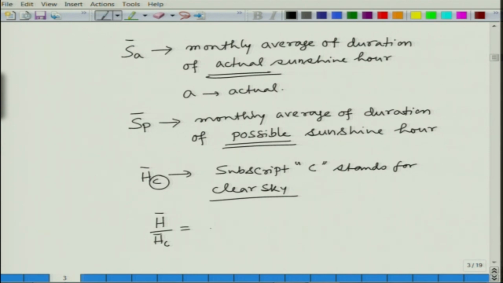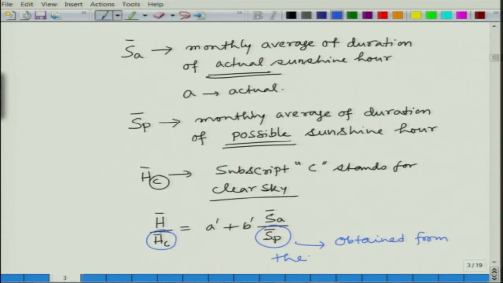Let me write that equation once again. Here we have these two denominators, which are HC bar and SP bar, and we obtain them from the historical data. Historical data, what do we mean by that?